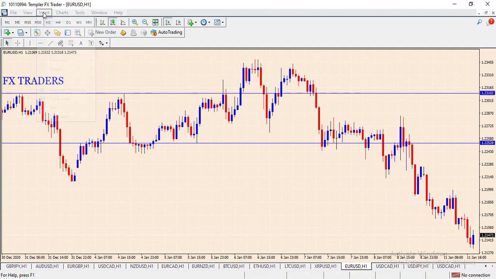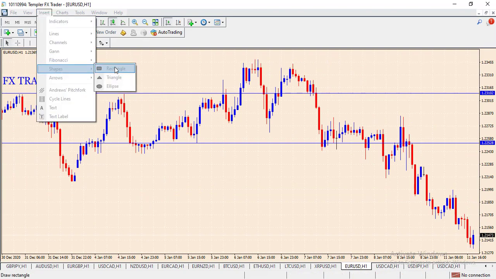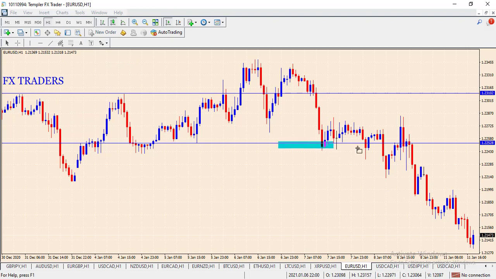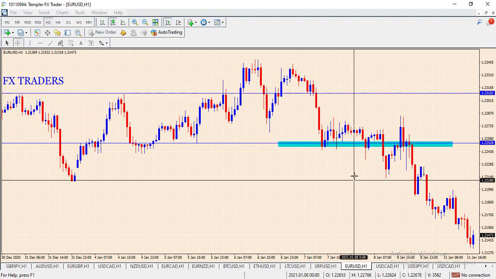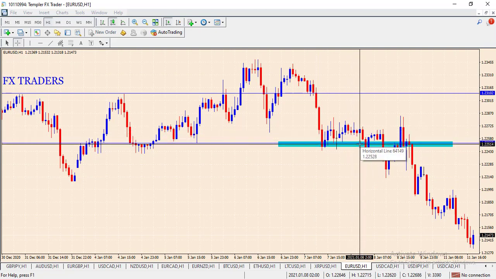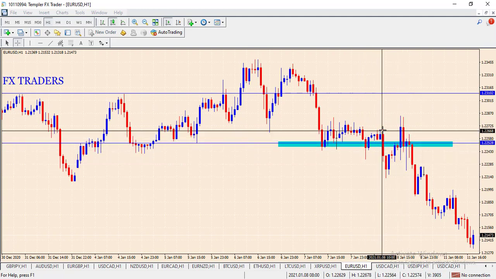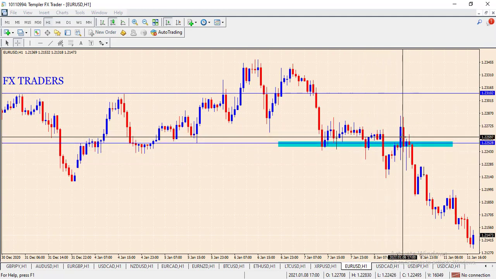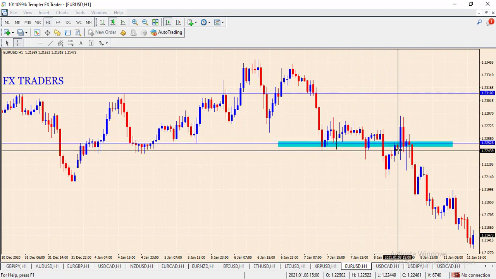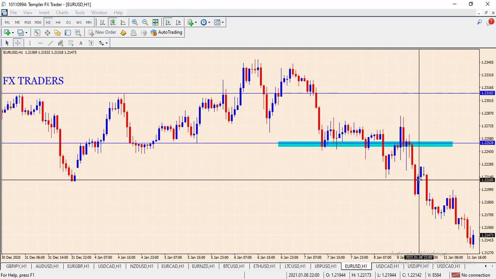A simple example, if you look at this area which I'm going to highlight, this was a support level previously, but the pressure of the sellers was more than the pressure of the buyers in the market. So the price was forced to break this level and drop to the downside.